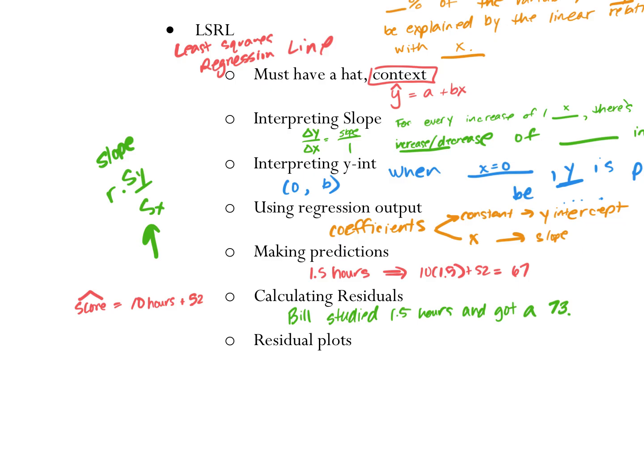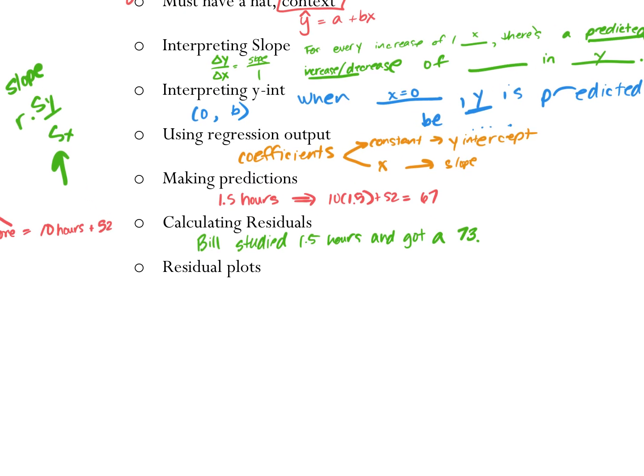The line underestimated, right? Is everybody good? Okay, and if I asked by how much, you would say 6. Yeah? Okay, so a residual, to calculate the residual, you take actual minus predicted. And all it is is the error for that individual point.